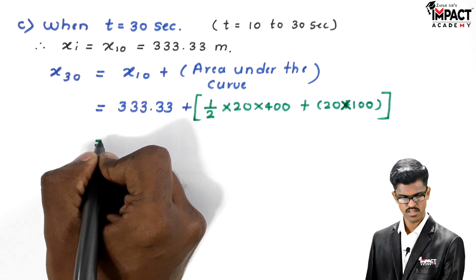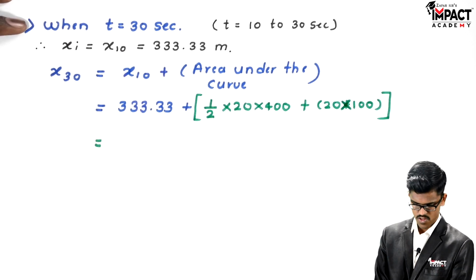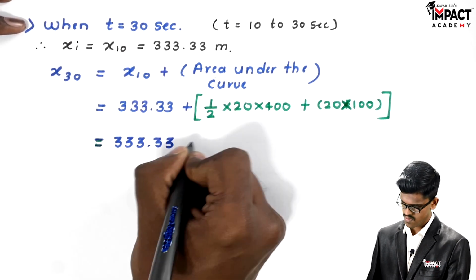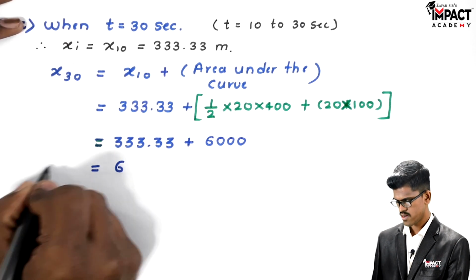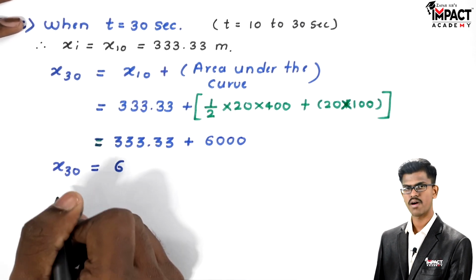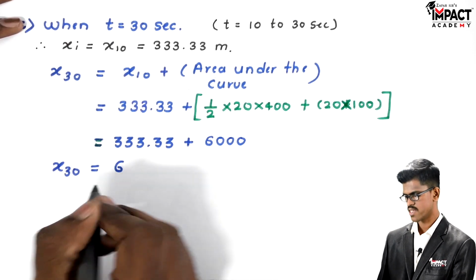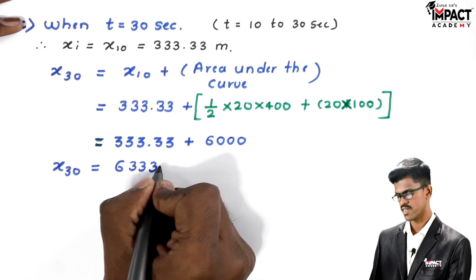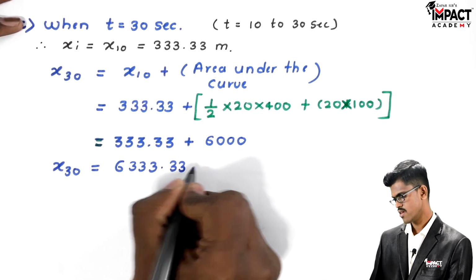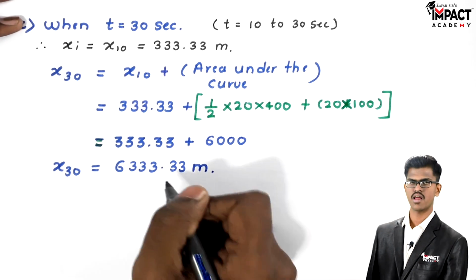If we solve this, we get the answer: the displacement or position of the particle when t is equal to 30 seconds is 6333.33. Okay, so now we have to construct a graph.